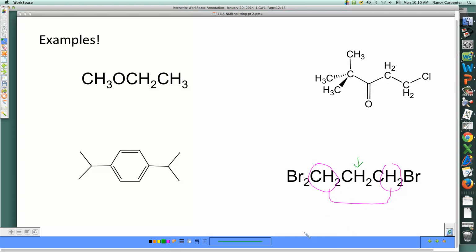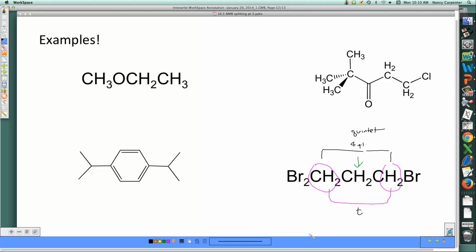Now here is another example where I can absolutely add these guys up because they're all chemical shift equivalent. So this would be 4 plus 1. So this would be a quintet, a legitimate quintet, and these guys would be a triplet.